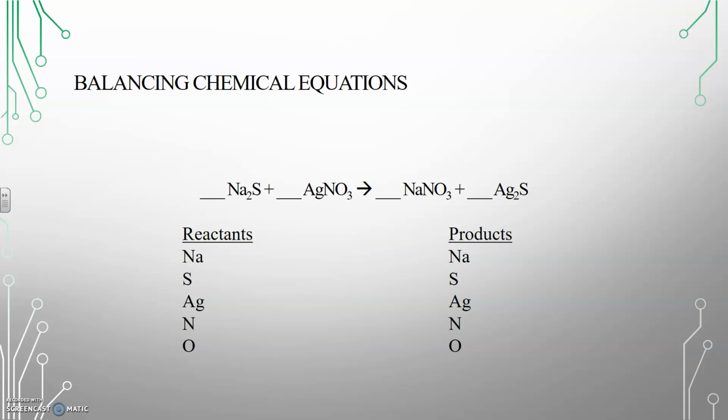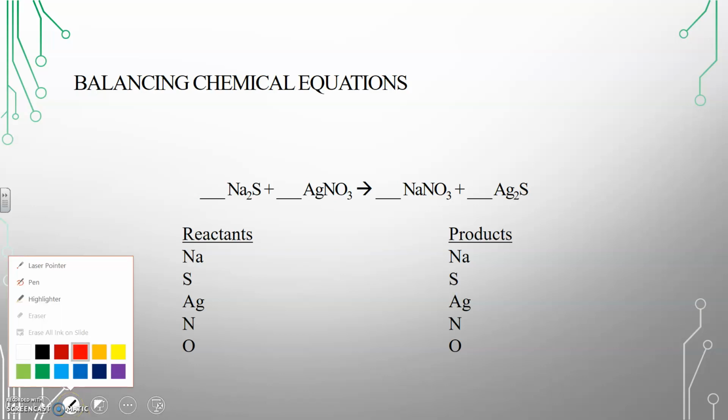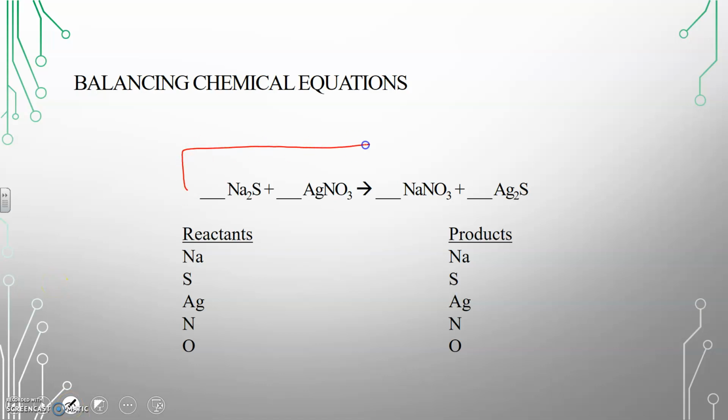Okay, so we have our reactants. Let me get a pen here. We have our reactants on the left side, and then our products on the right side here. So the first step is just to go through what we have on the reactant side and what we have on the product side and figure out how many atoms of each element we have.